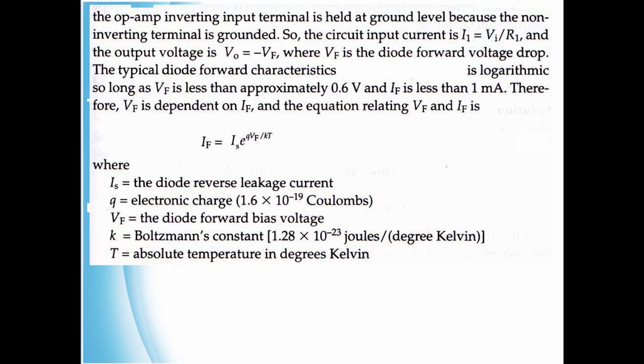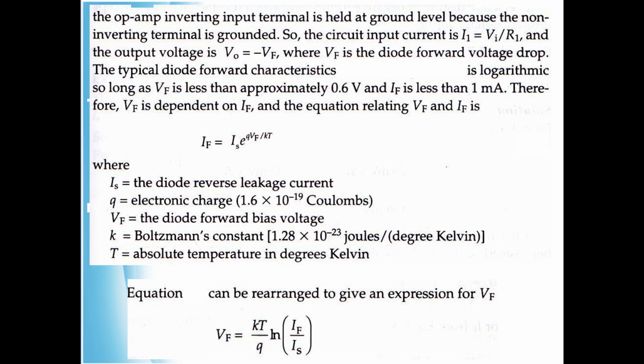Therefore, Vf is dependent on If, and the equation relating Vf and If is If equal to Is e power q Vf divided by KT, where Is is the diode reverse leakage current, q is the electronic charge of an electron, that is 1.6 into 10 power minus 19 coulombs, Vf is the diode forward bias voltage, K is the Boltzmann constant, and T is the absolute temperature in degrees Kelvin.